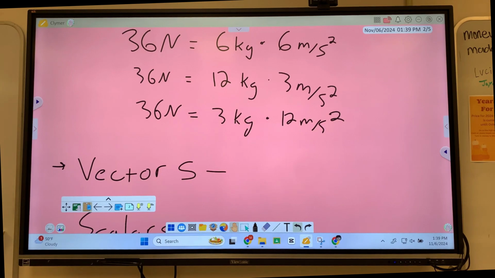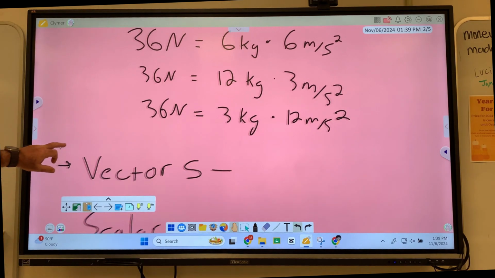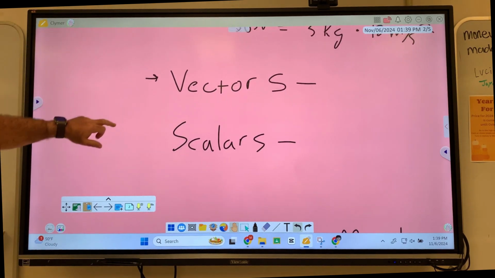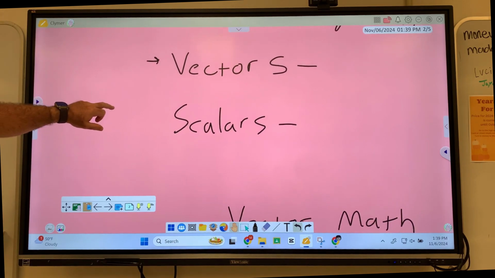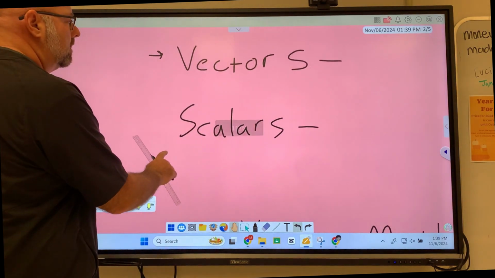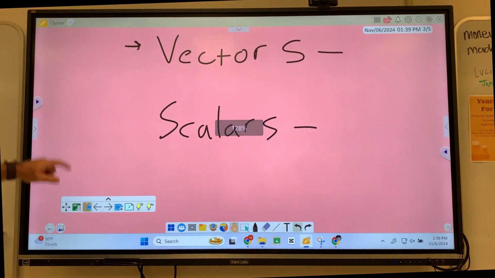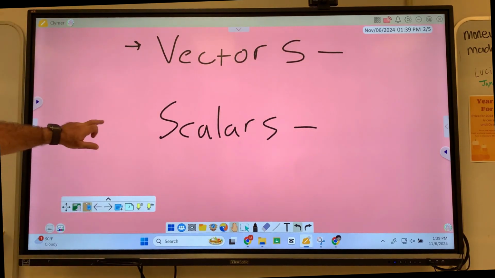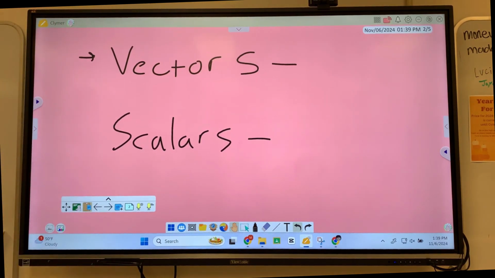But the next thing we want to go into are vectors and scalars. Now, these are two mathy kind of things, but we're going to use them a lot in the world of physics.